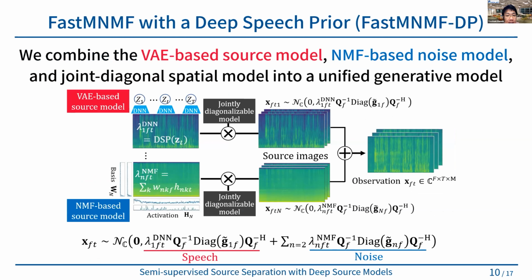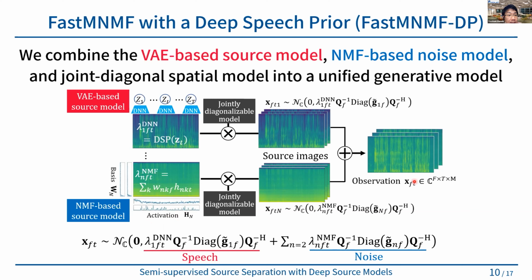More specifically, we assume that the speech signal is generated by the VAE-based source model, and noise signals are generated by the NMF-based source model. So the speech signal is generated by VAE, and noise is represented by the product of basis and activation vectors.